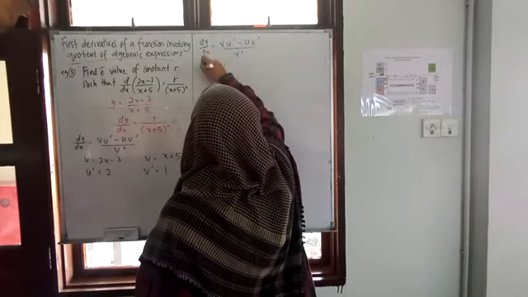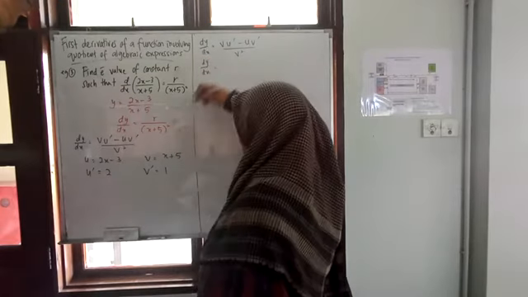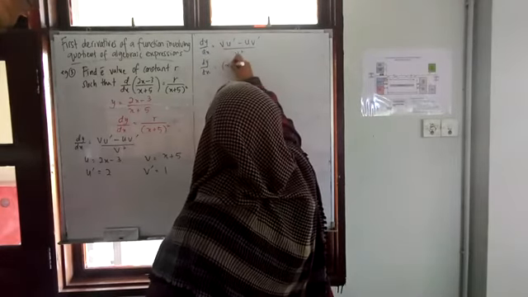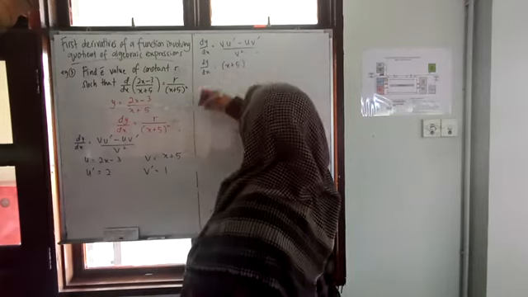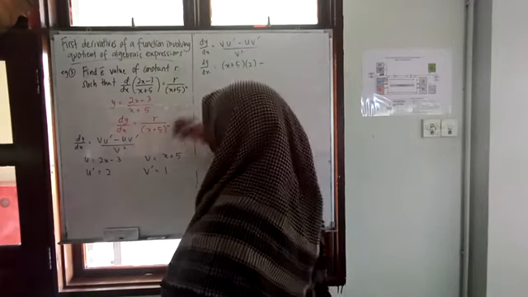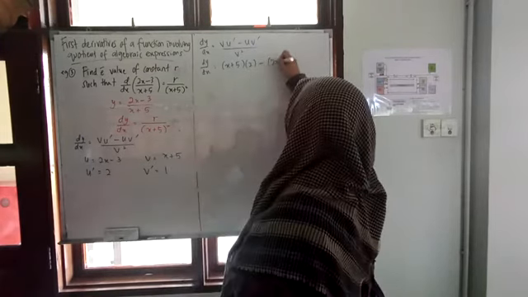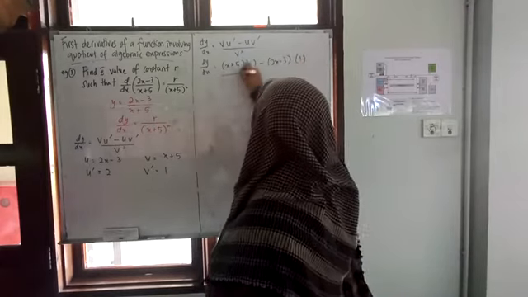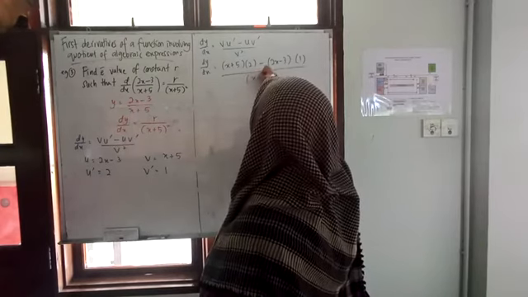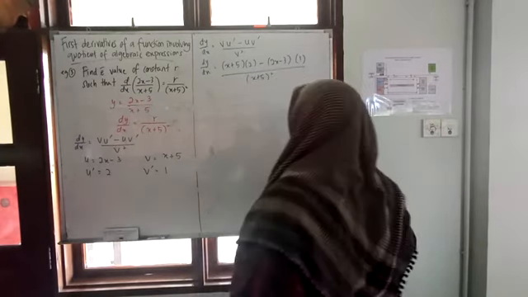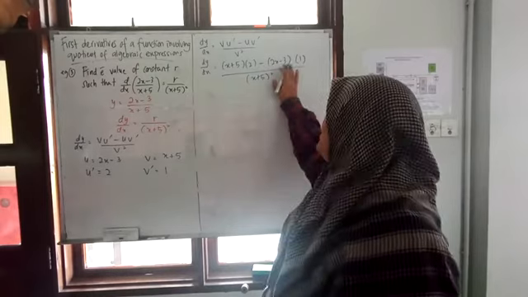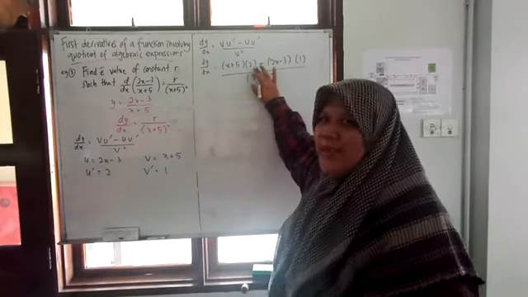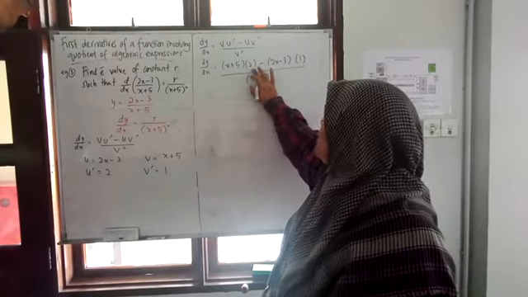So for dy/dx, substitute all the values. Our v is x + 5, our u' is 2, minus u, 2x - 3, times v', 1, over v squared. So our v is (x + 5) the whole thing squared. Next, look at both sides whether they have the same common factor.